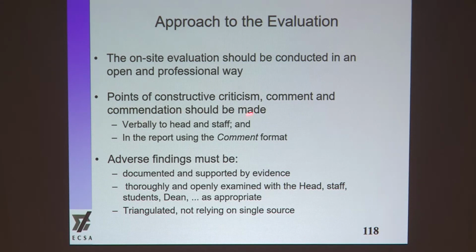Constructive criticism, comments should be made verbally to staff and in the report. Notice constructive, not saying you're a bunch of bad buggers, excuse the language. Adverse findings must be documented and supported by evidence. They've got to be thoroughly, openly examined with head of staff and dean as appropriate.